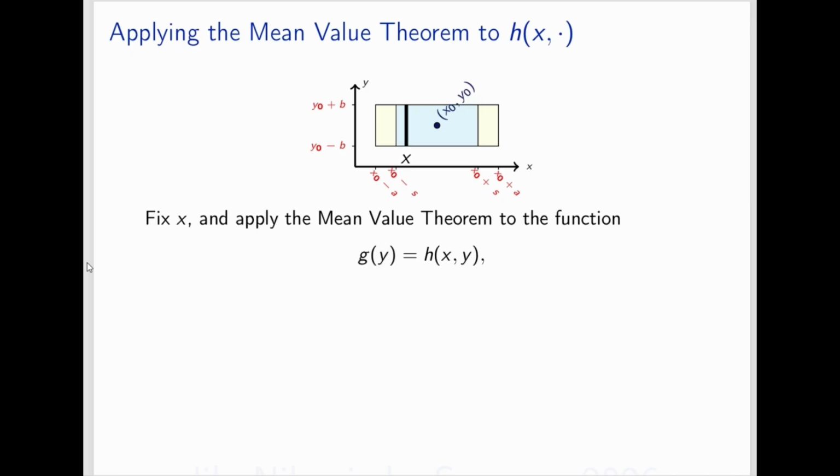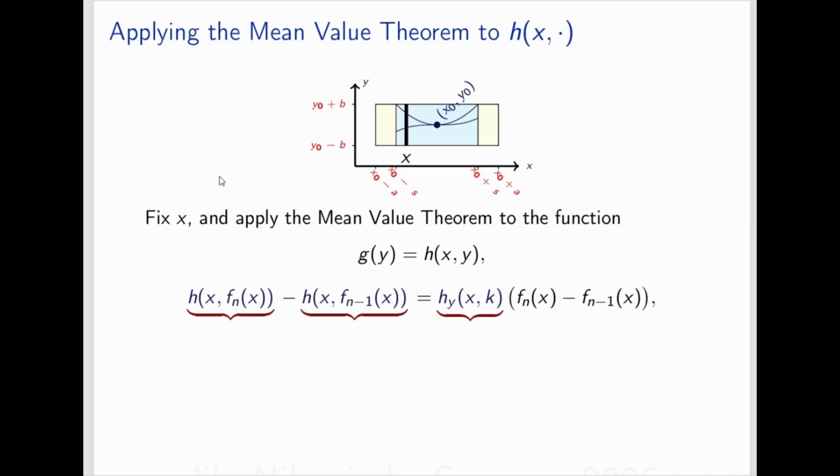So we fix x, so h of x and dot is going to be a function of the second variable only, and apply the mean value theorem to the function g of y equal to h of x and y. Basically, if you're fixing x, your domain becomes this vertical line above x.